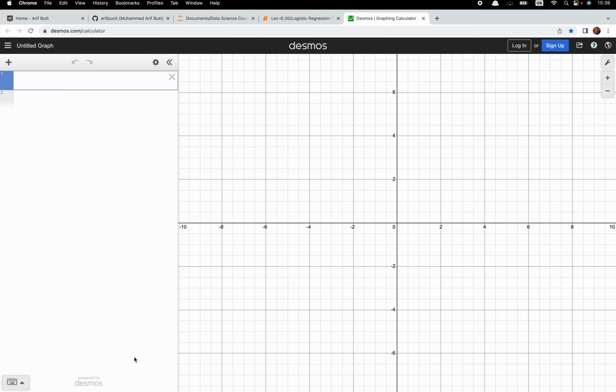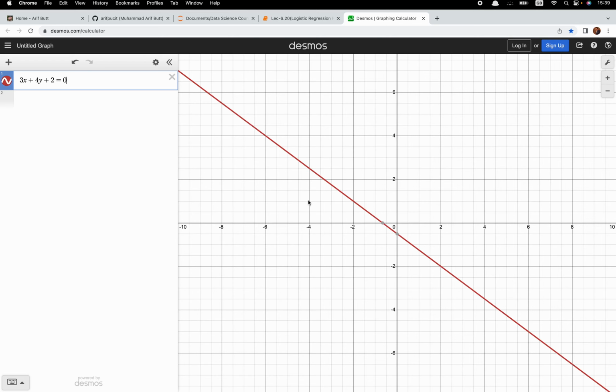Okay, for a crystal clear understanding, let me do that as well and open a new browser tab and write down desmos.com/calculator. Let me just write down the same equation which says 3x plus, let's suppose 4y plus 2 equals 0.